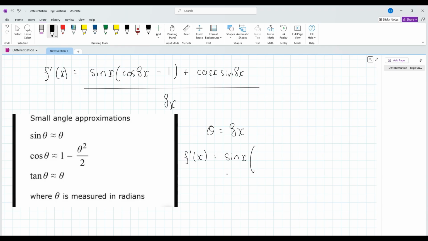Now cos delta x is 1 minus delta x squared over 2, so we have 1 minus delta x squared over 2 minus 1, plus cos x, and the sine delta x from the small angle approximations is just delta x. And that is all over delta x.